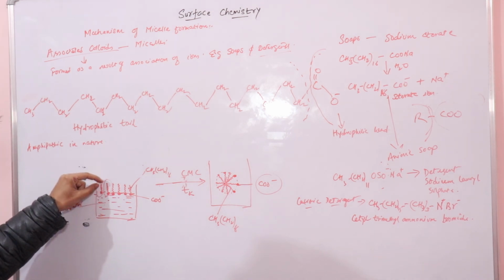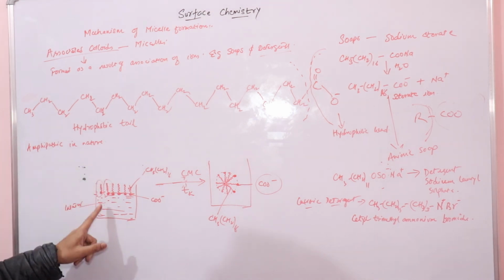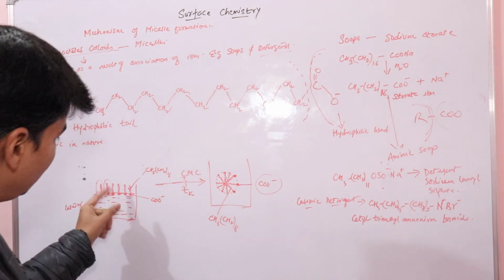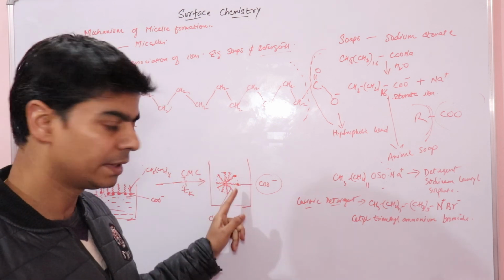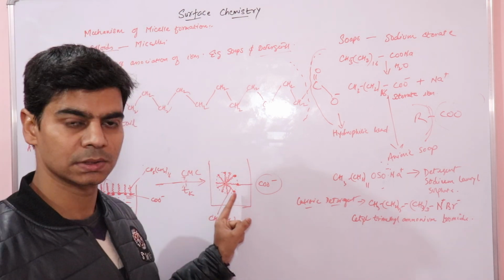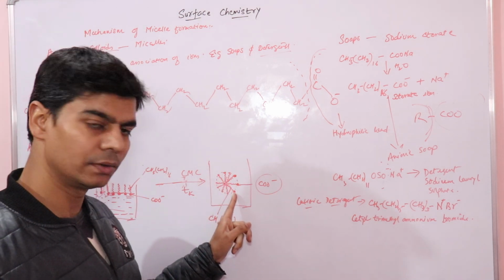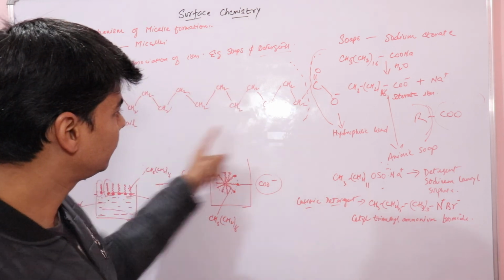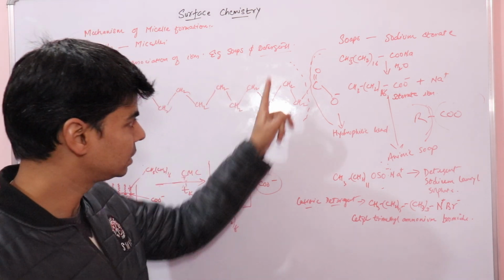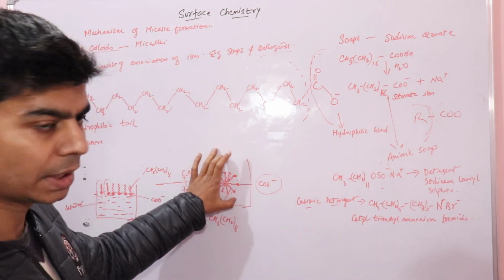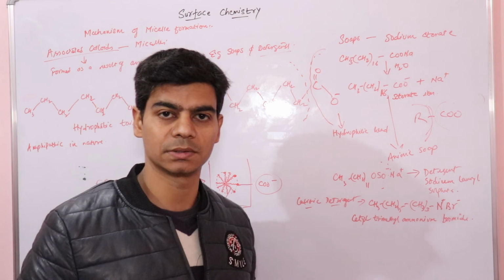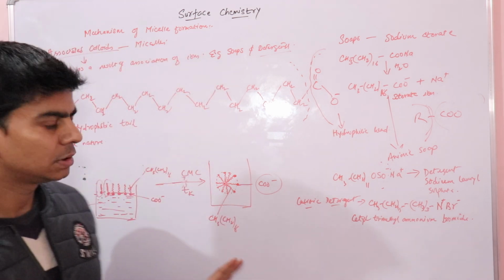Then at higher concentration, all these ions would be pulled inside water where they associate to form these ionic micelles. In this ionic micelle, the tail part is towards the center and the head part is at the surface. And one such ionic micelle consists of around 100 ions. I hope all this is clear to you. Thanks.